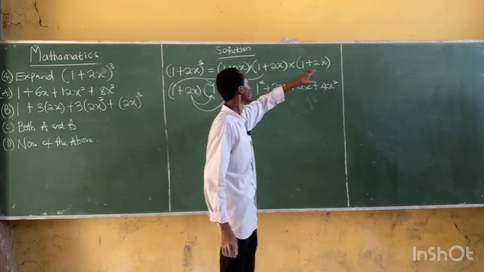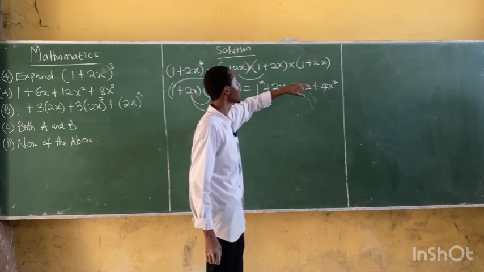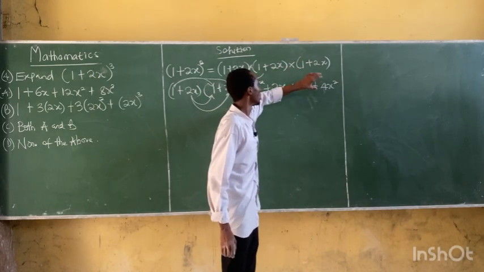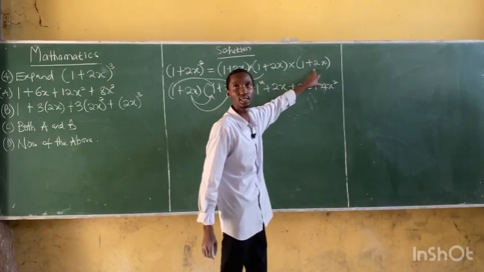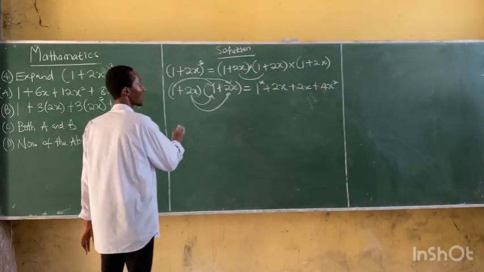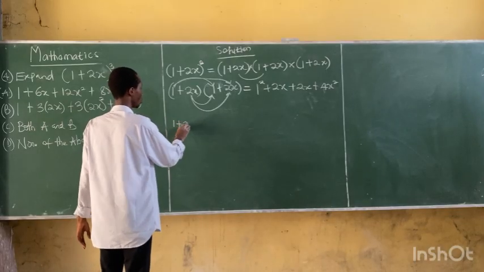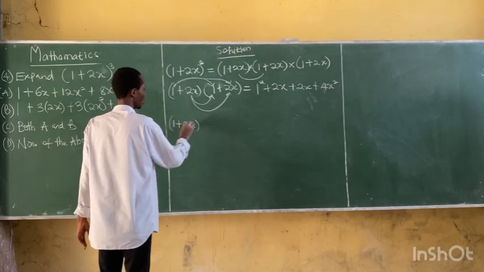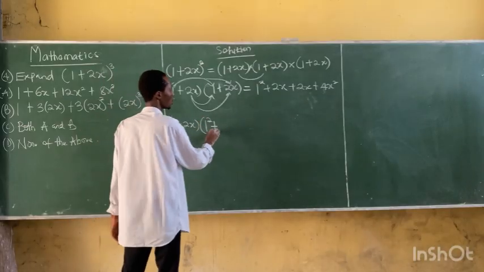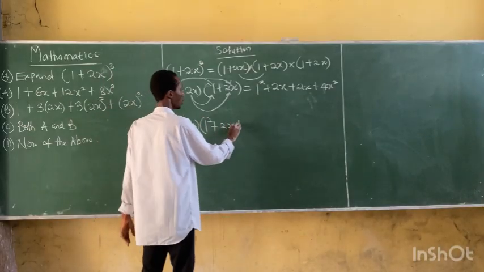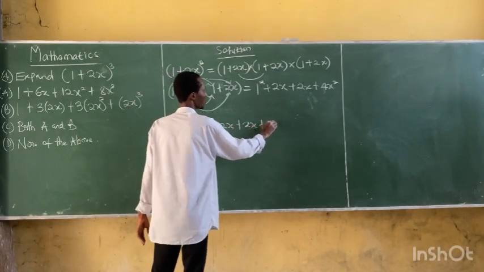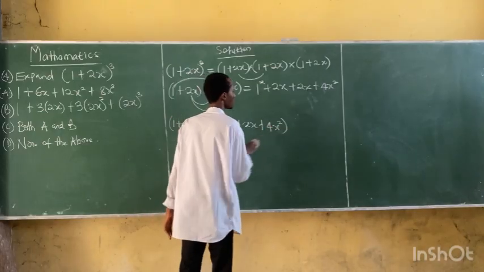The next thing now is to use this our answer here to multiply this. If we do that, we have 1 plus 2x into 1 squared plus 2x plus 2x plus 4x squared.